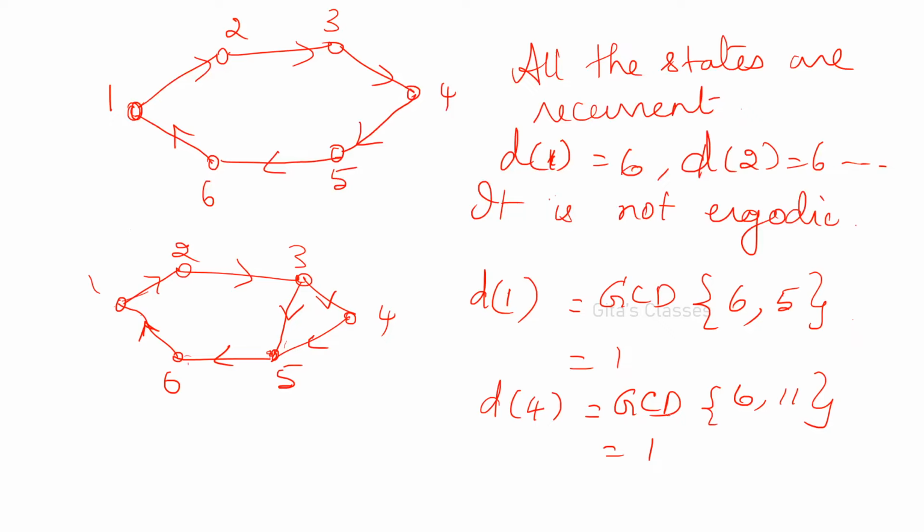So 6 comma 11. So D of 4 is 1. GCD of 6 comma 11 will be 1. Similarly D of 5, anything if you take, definitely every state is aperiodic. Therefore if you add this arc, the graph will become ergodic.